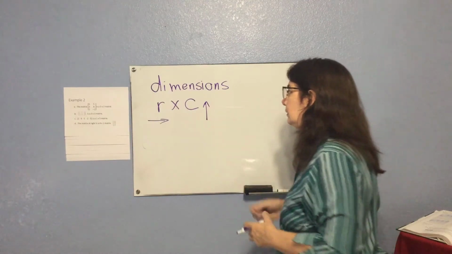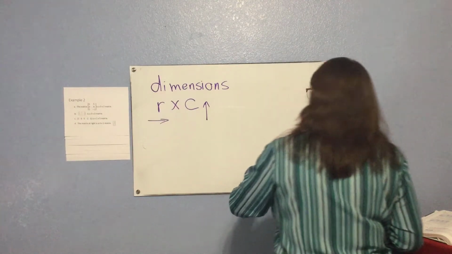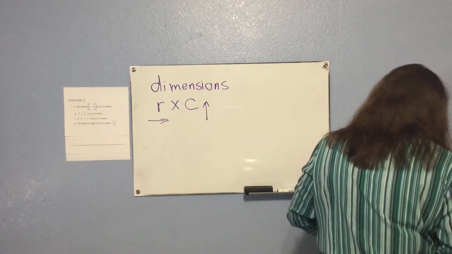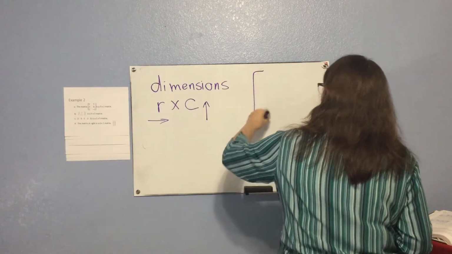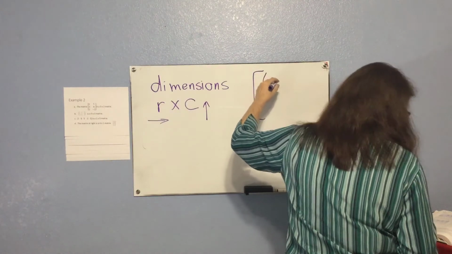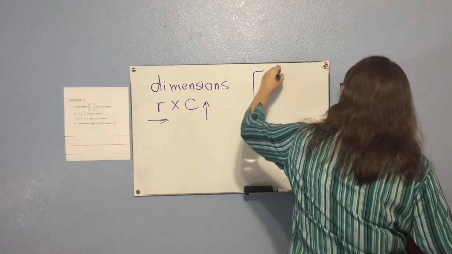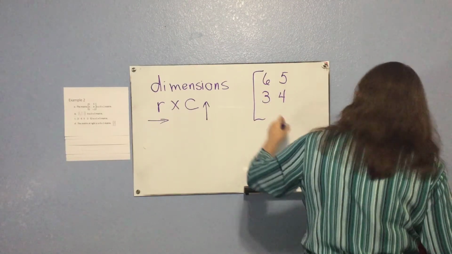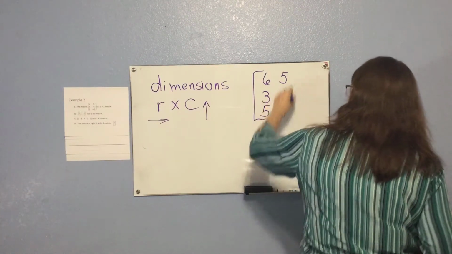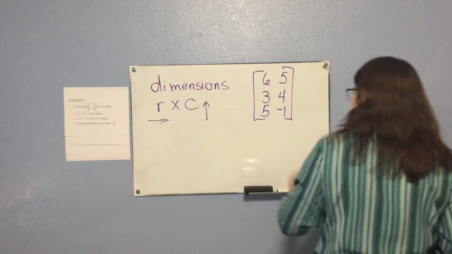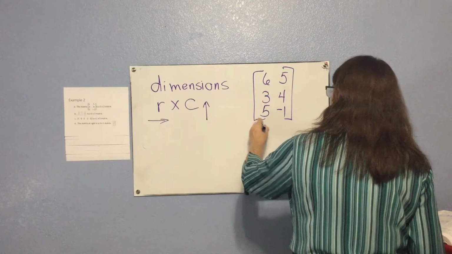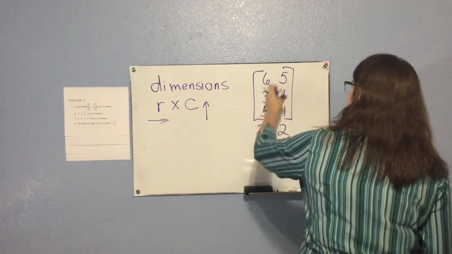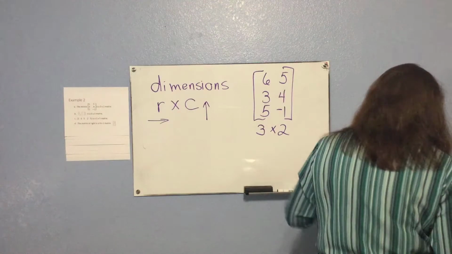So rows by columns, that's how we express dimensions. So if I had this matrix, I would call this a 3 by 2 matrix because it has 3 rows and 2 columns.